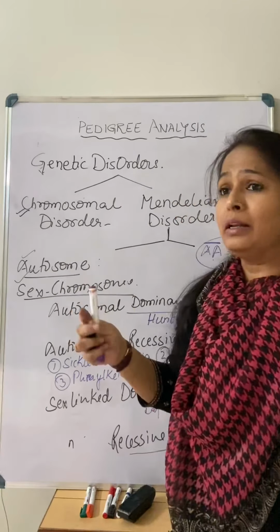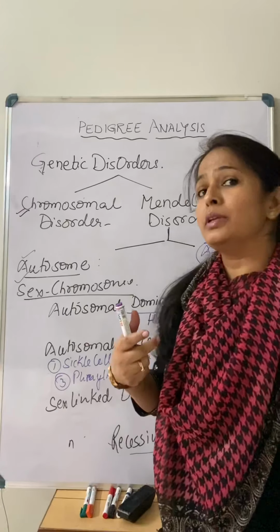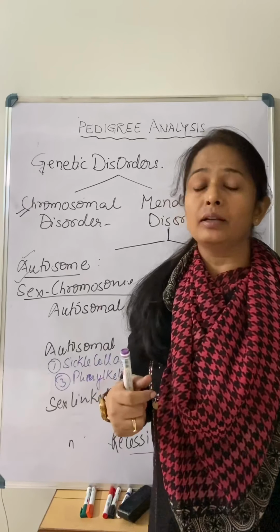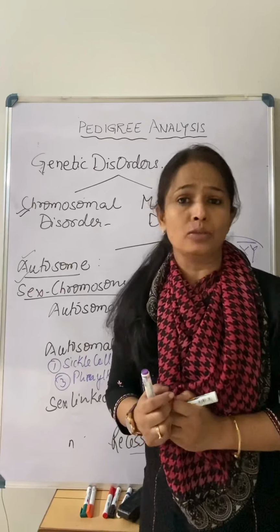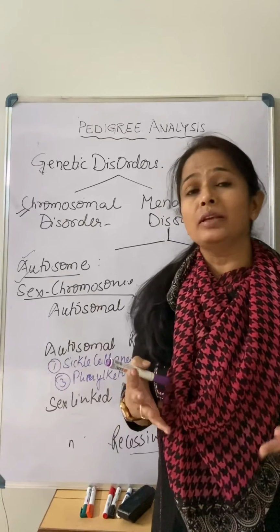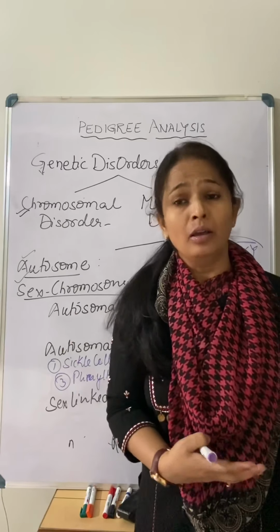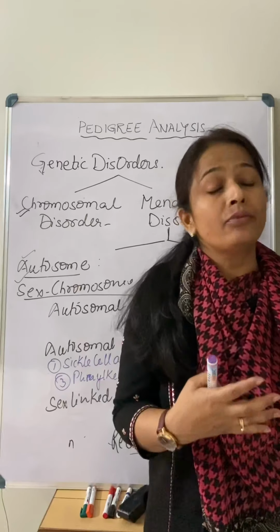That condition is known as polyploidy, and I have told you there are two things, aneuploidy and polyploidy. In aneuploidy, there are two conditions, monosomy and trisomy, right? Trisomy means when there is an addition of one chromosome in a homologous chromosome pair, we call that a trisomy.